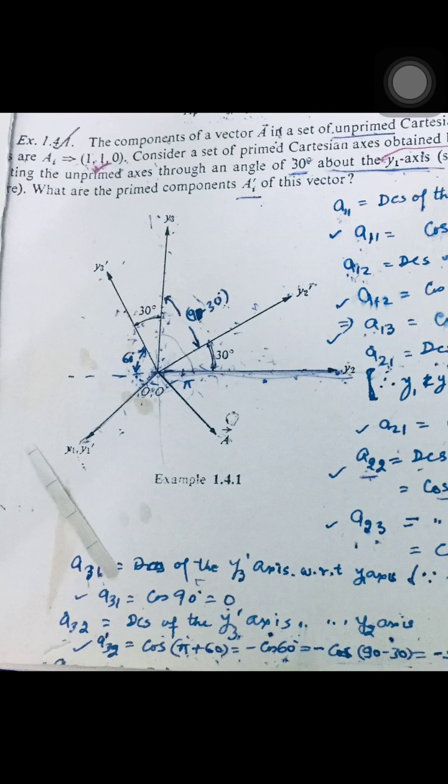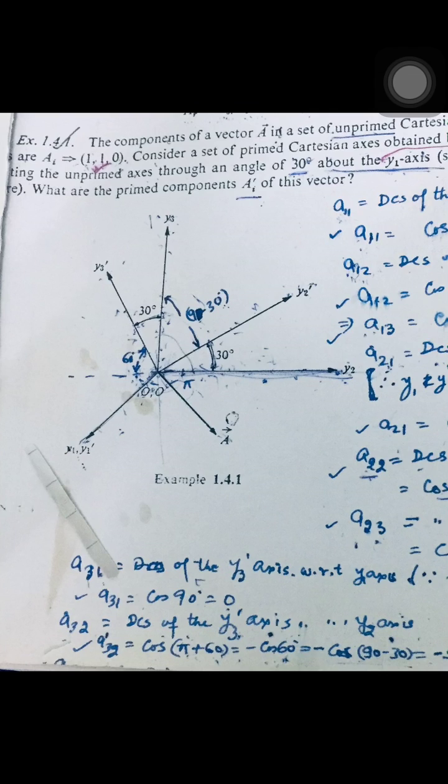Here y1 is fixed; y1 and y1 dash are the same, parallel and lying on each other. But y2 and y2 dash have an angle of 30 degrees of rotation. Similarly, y3 and y3 dash also have an angle of 30 degrees of rotation.